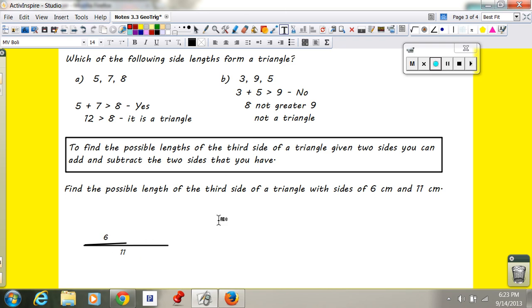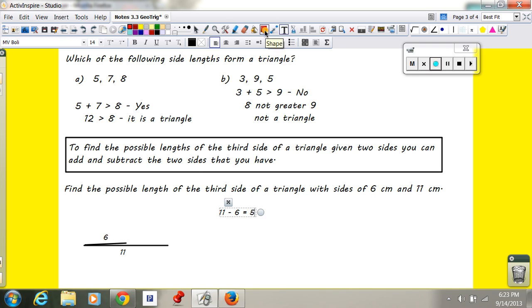So possibilities are 11 minus 6, which would equal 5. Now it can't actually equal 5, because if the third side is a 5, that means the 6 and the 5 are laying directly on top of 11, and that would not be a triangle. It needs to be just at least a little touch more than 5. 11 minus 6, if I was to subtract them, would equal 5.